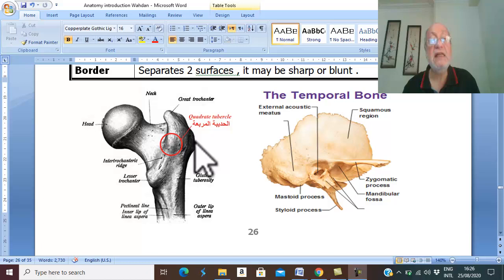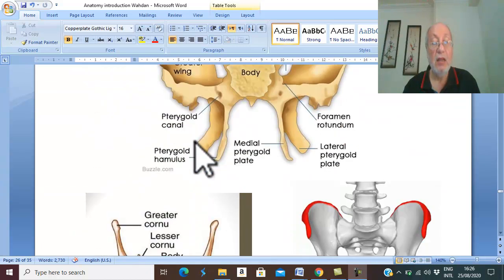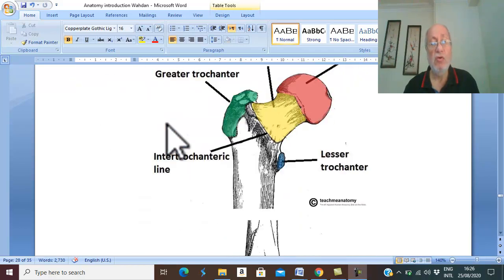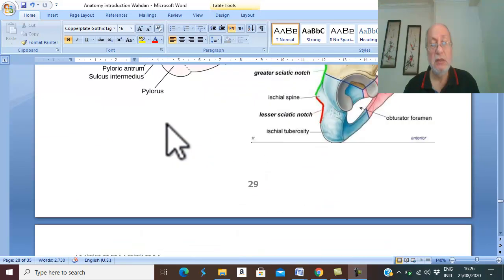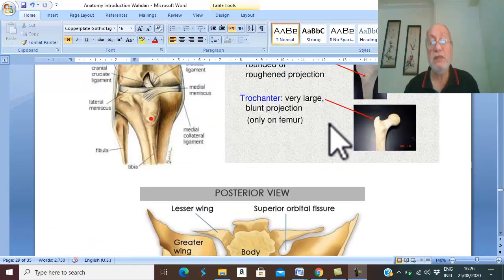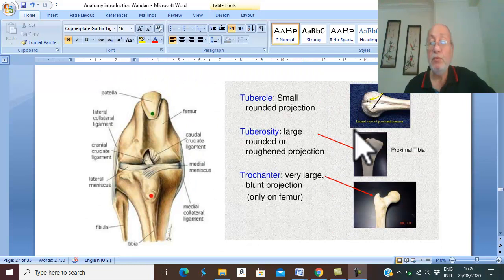In between there is tuberosity. Tuberosity like this. Medium elevation, tuberosity. Or this tuberosity, medium elevation. Here there is a comparison between the three elevations: tubercle, tuberosity, and trochanter.